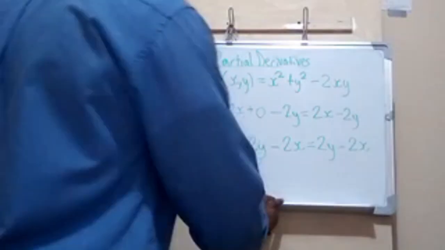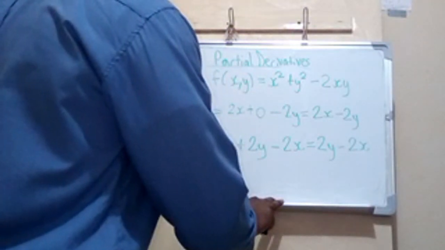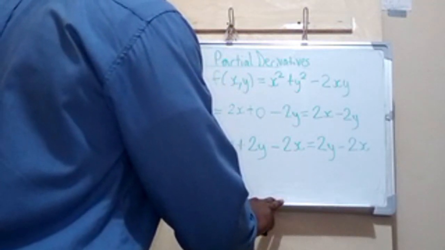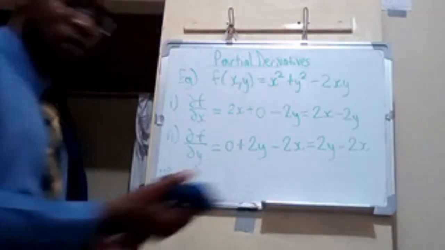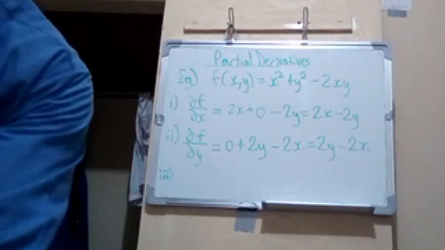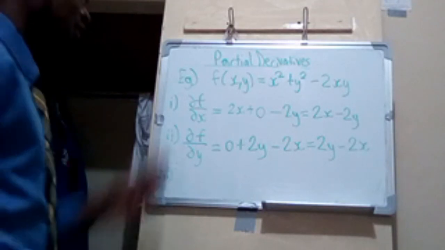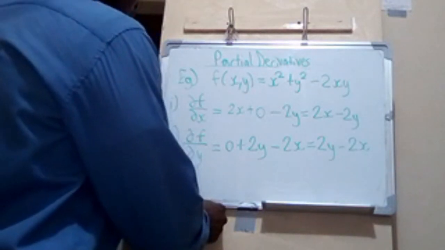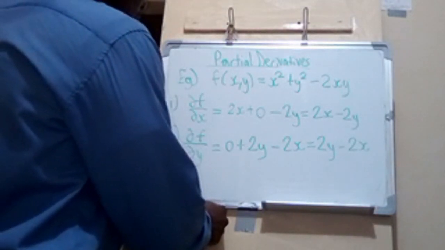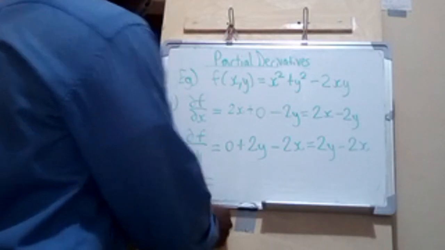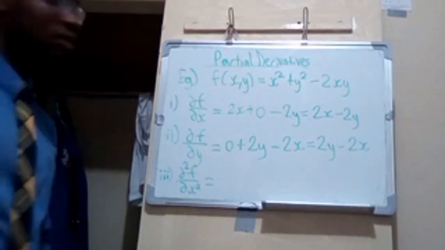Alright. So now the third one, let's say we're doing the second partial derivative now, to find ∂²f/∂x².